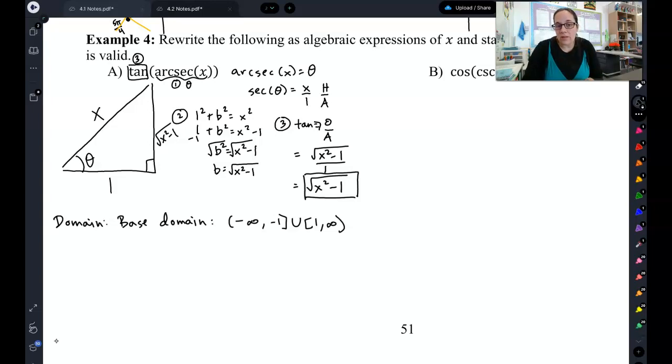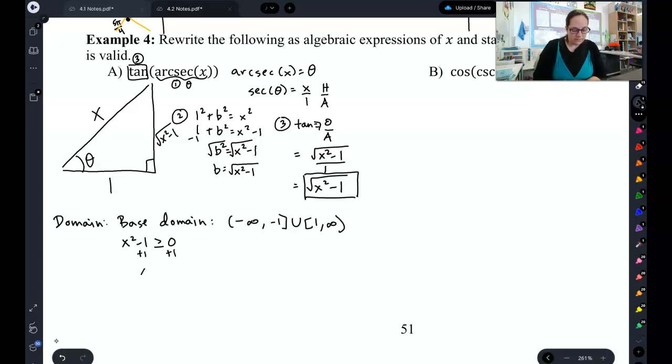Now we adjust that domain however we need to for our answer. Only thing we have in our answer is an even root. So we have to take what's inside the even root, set it greater than or equal to 0 to guarantee that whatever is inside the root is positive. Now let's solve this. Remember, when you square root, you get plus or minus, which also changes your signs.